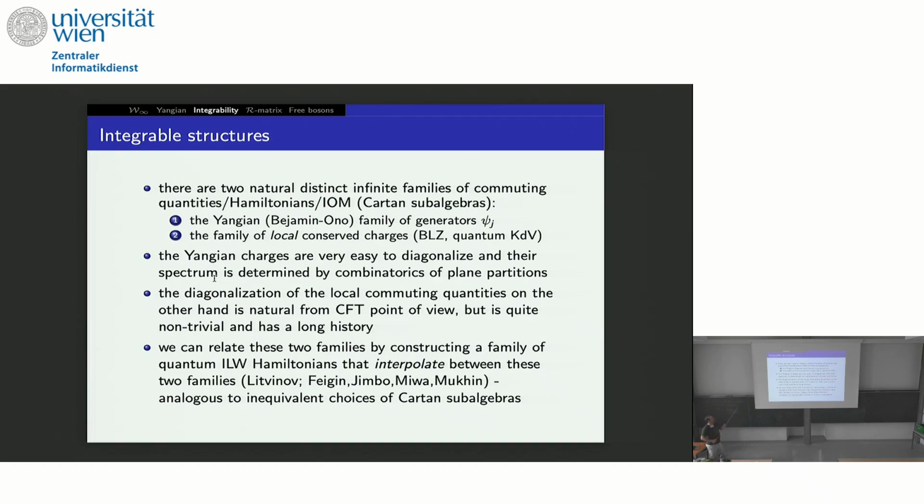Since the paper of Bazhanov-Lukyanov-Zamolodchikov in '94, but also in the papers about the KdV, as we heard about, there are very long known local Hamiltonians that people study.